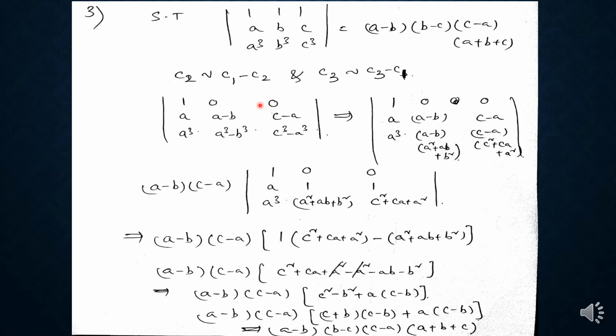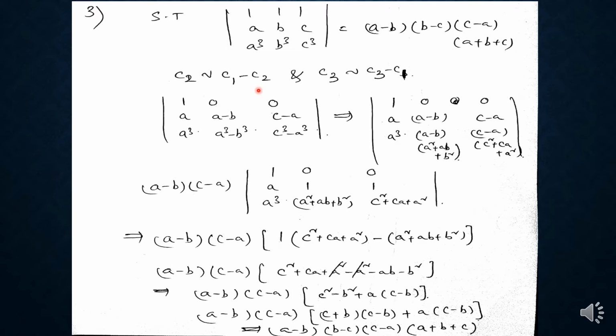That means the one in the second column and third column can be changed to 0. If three ones are there in a row, we have to make column operations. If three ones are there in a column, then we can apply row operations to make two ones as zeros, so that we can simply expand the determinant by using Laplace expansion.